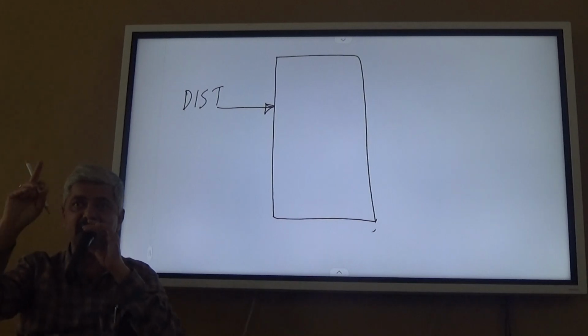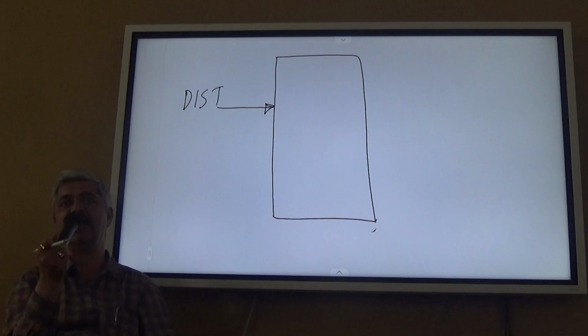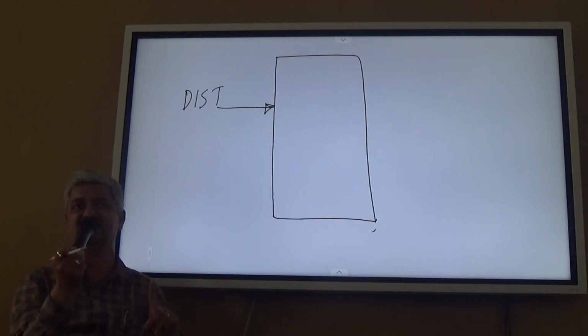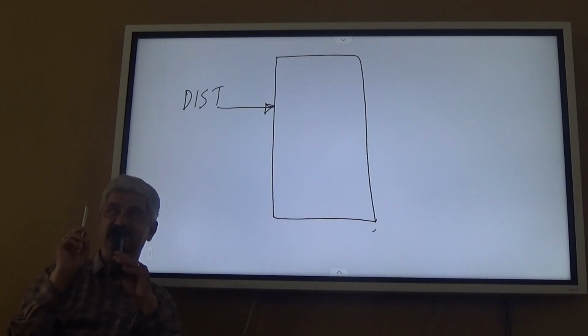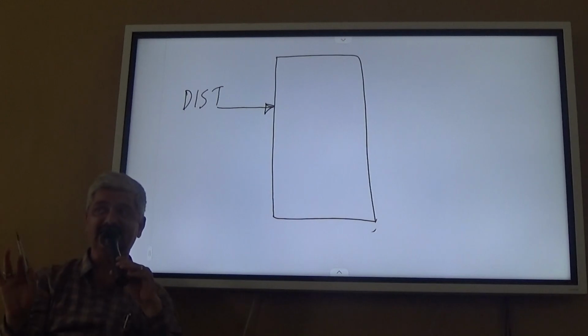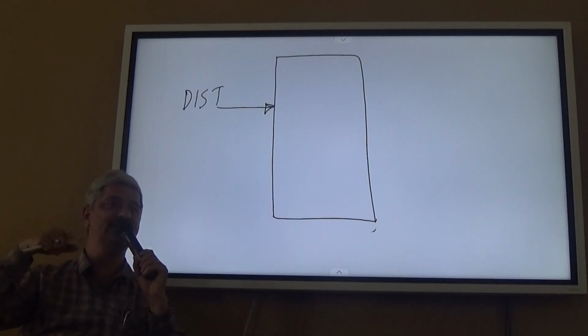So, it is a pin which is automatically checked without writing any instruction at the end of every instruction. The status of the disturb pin is automatically checked by the microprocessor at the end of every instruction. No time is lost.